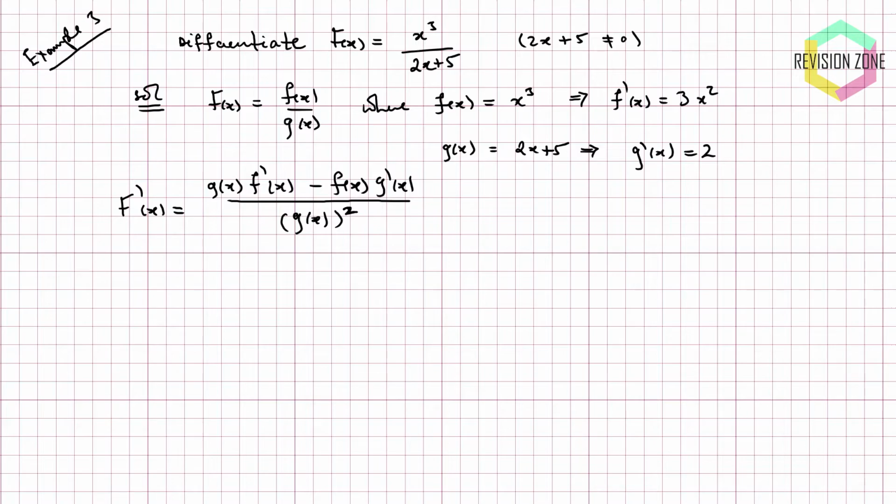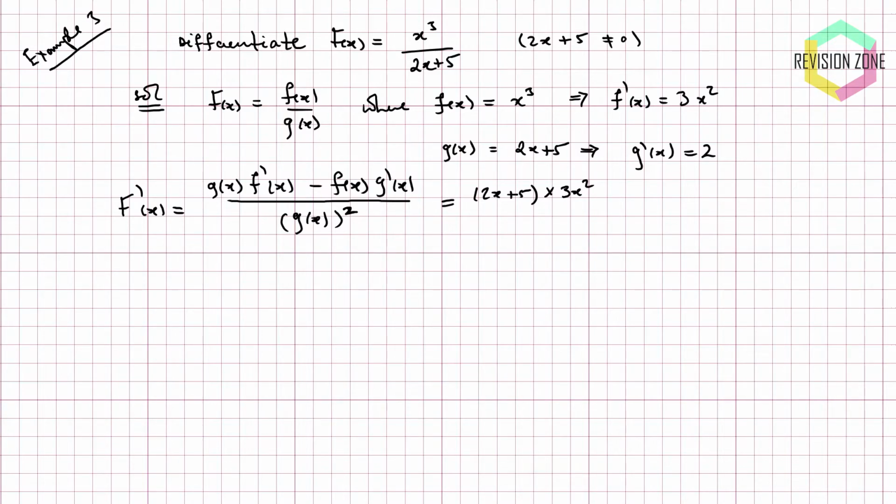So now let's substitute into the quotient rule formula the expressions we've worked out. My g is 2x plus 5, so let's write that down, and my f prime is 3x squared, so times 3x squared.